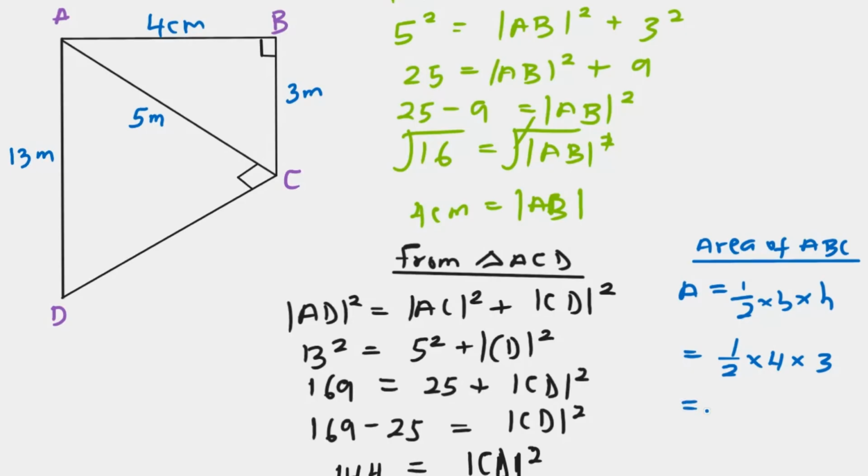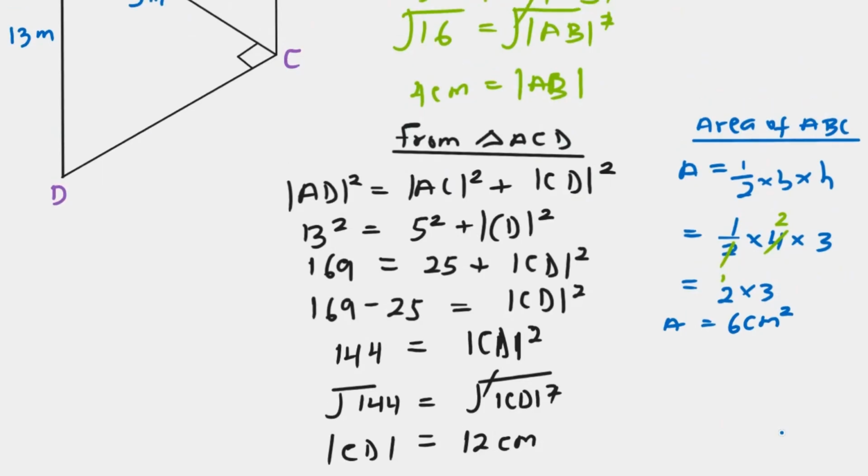So area is equal to, so 2 can cancel itself. 1 goes into 4 2 times. So A is equal to 6 centimeters squared. So that's the area of the triangle ABC.